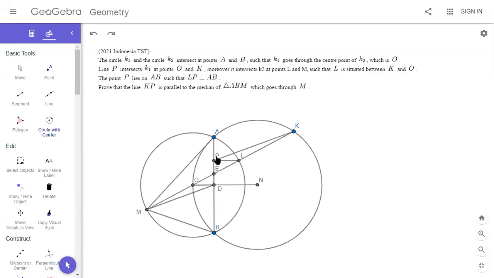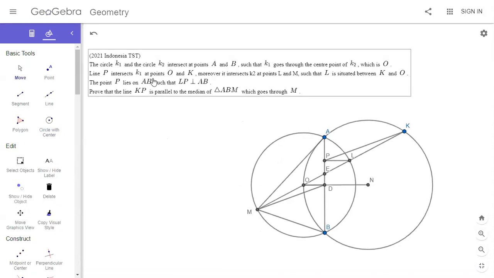We know OED is similar to PEL. Oh, I think this is just power of a point because, wait, OED is similar to PEL, right? And we have ME times EL is AE times EB is OE times EK. Yes, I think this is just like power of a point.